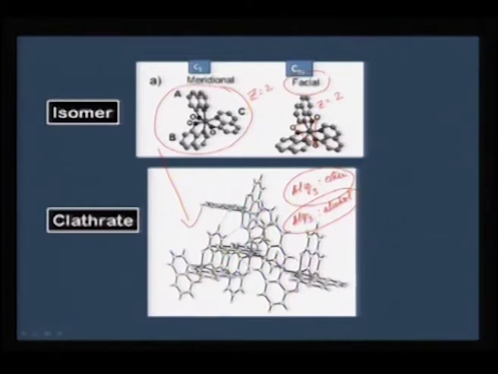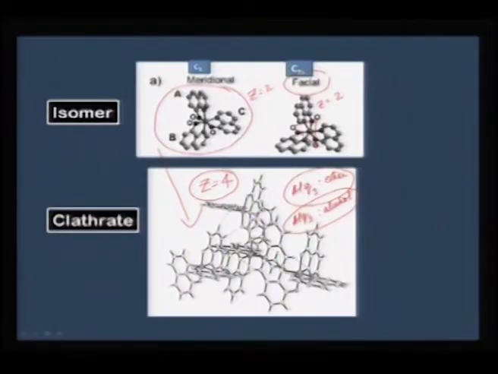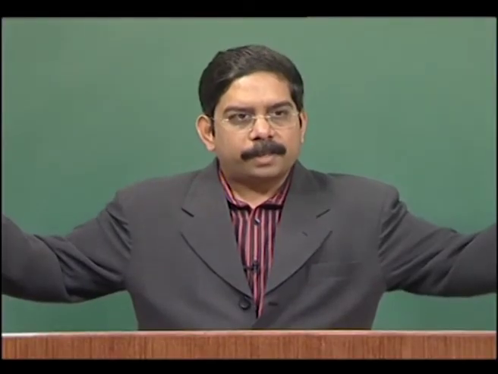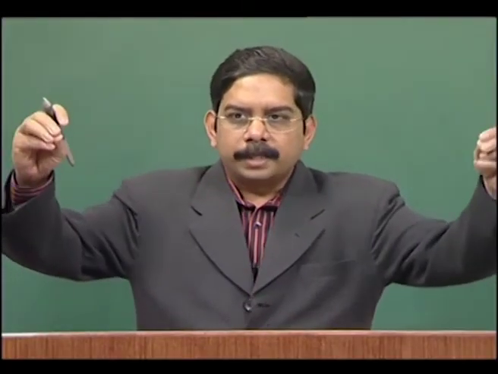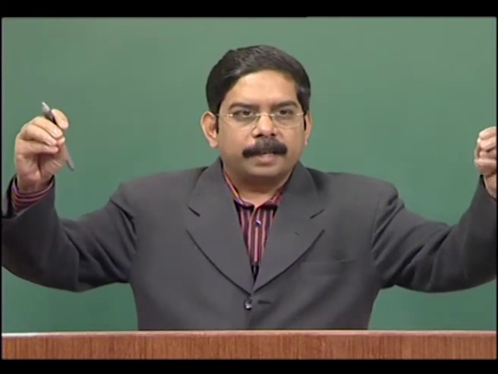Now, what is strange about this clathrate is, because it is a bigger molecule compared to the mer or facial isomer, the unit cell becomes larger, and as a result 4 molecules are there in a unit cell. When the crystal lattice is bigger, there is always a flexibility for you to disturb this crystal lattice in a very unique way.